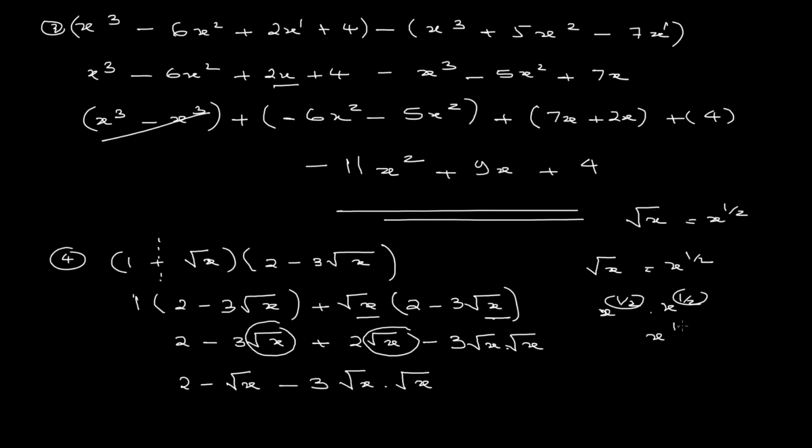So this will be x to the half plus half, which gives us 1, which is x. So this then becomes x. So we have 2 minus root x minus 3x, like that. So this is the simplified form of this equation.